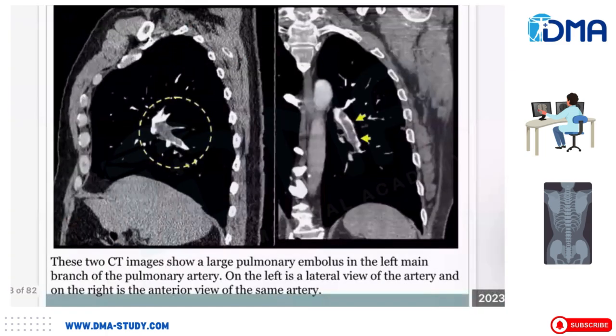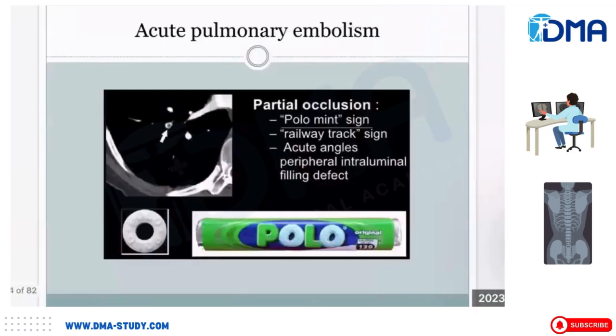Then, if you take a CT of that patient, the embolism will get stuck like this in the pulmonary vessels. This is called the saddle thrombus that you see in a CT angiogram picture. Right?